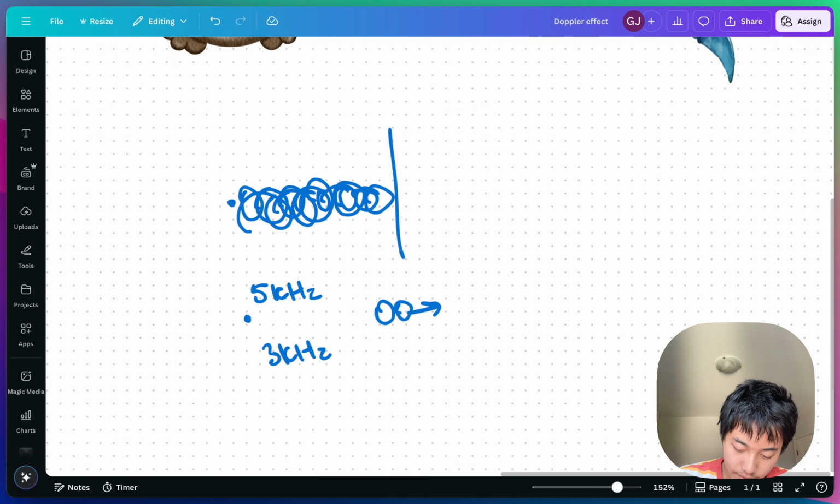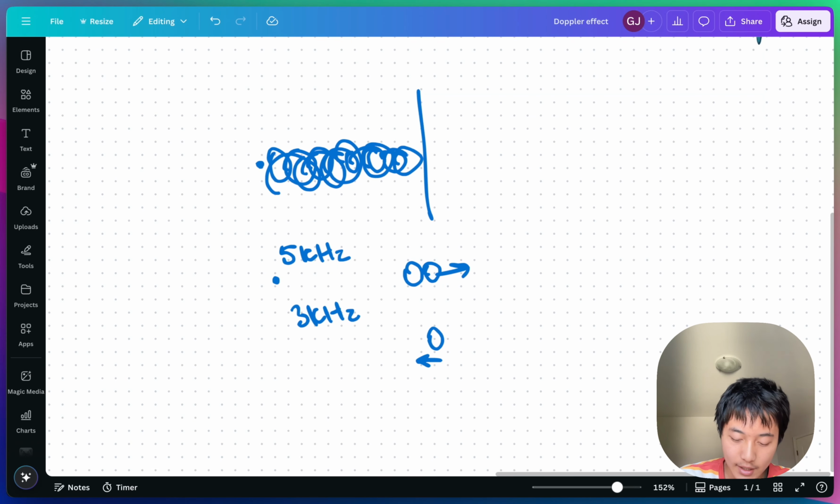Whereas let's say the prey is traveling towards the bat. If it emits a frequency of 5k hertz, it might come back with, let's say, 10k. So it's going to be a higher pitch, and they now know that the prey is approaching them.